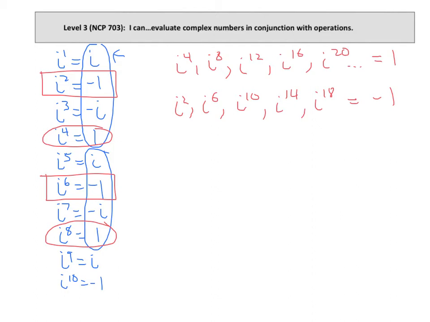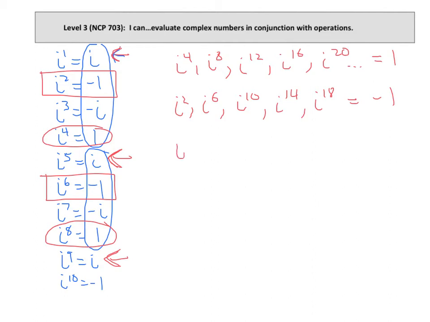Now looking at our odd powers, if you have an odd power that is 1 more than a multiple of 4, like i to the 5th or i to the 9th, they will always be the same as i to the first power.